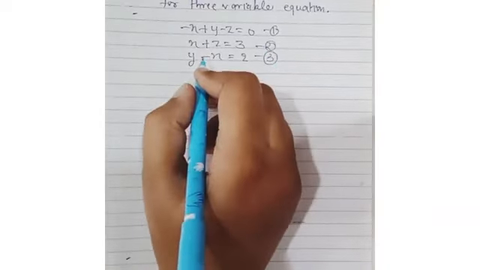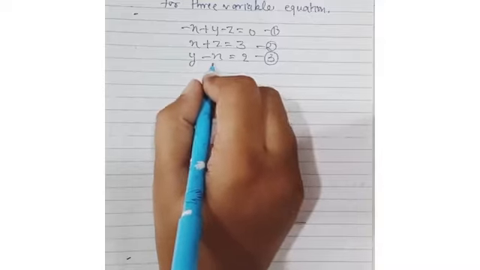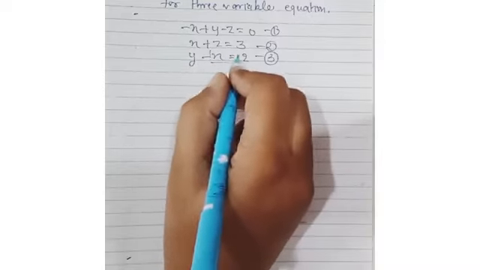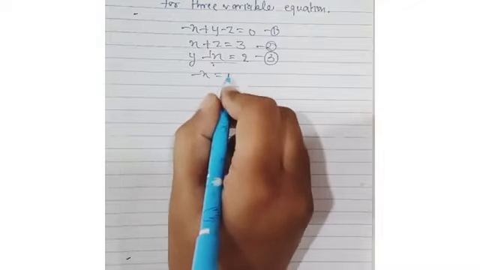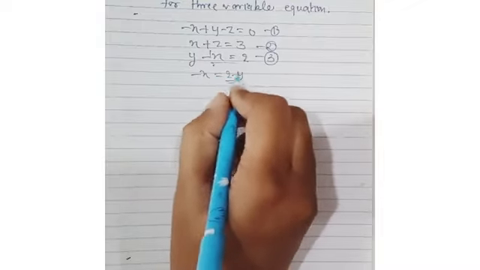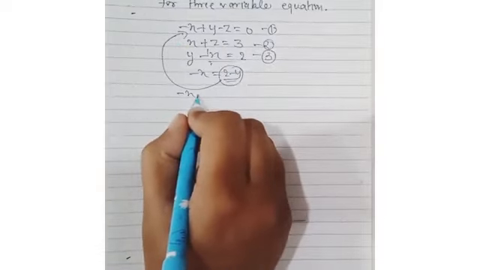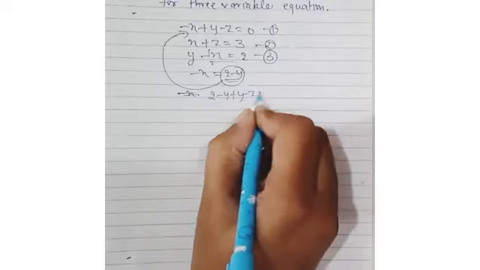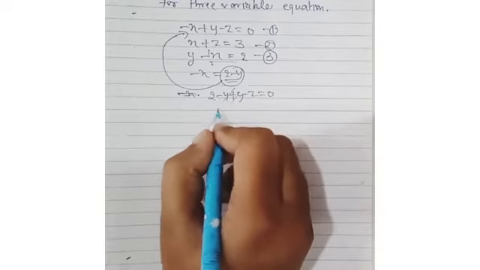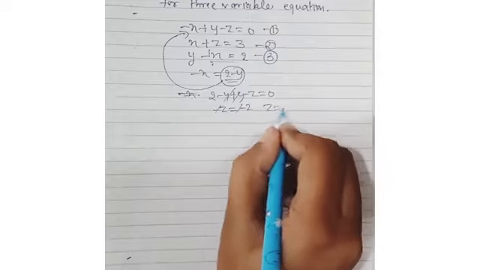If we solve this mathematically, I can put the value of minus x from here. So minus x equal to 2 minus y. If I put the value here, I will get 2 minus y plus y minus z equal to 0. So minus z equal to minus 2, so z equal to 2.